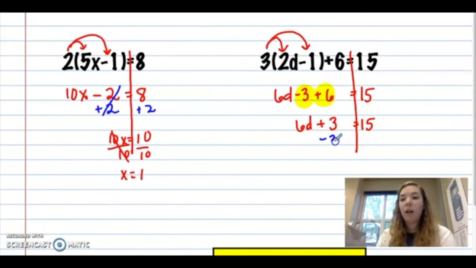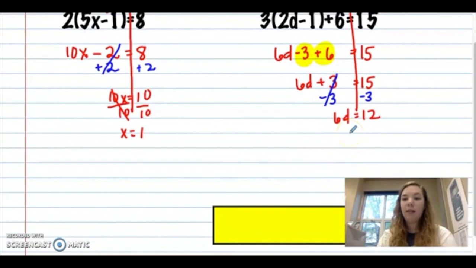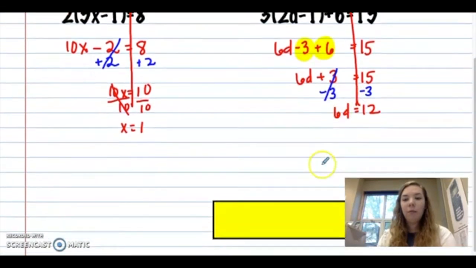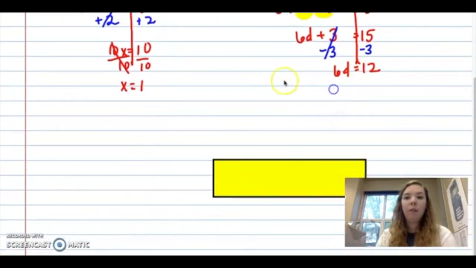So I'm going to subtract 3 from both sides. We get 6d equals 12. Then I have to divide by 6 on both sides. We get d equals 2.